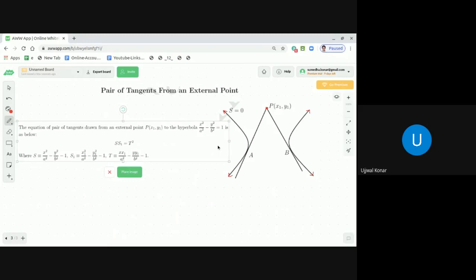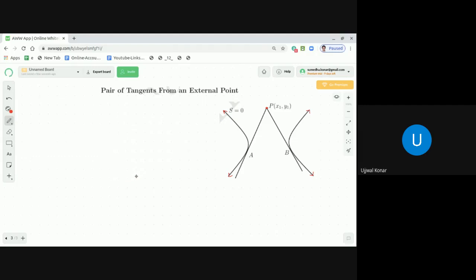If you see the equation, let me first place it here. So the equation of the pair of tangents drawn from an external point P having coordinates x1, y1 to the hyperbola x square by a square minus y square by b square equal to 1 is S1 equal to T square.